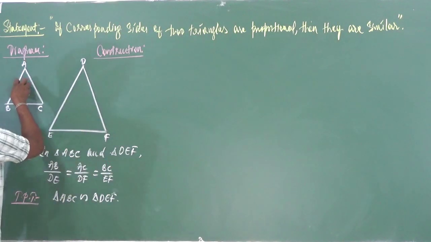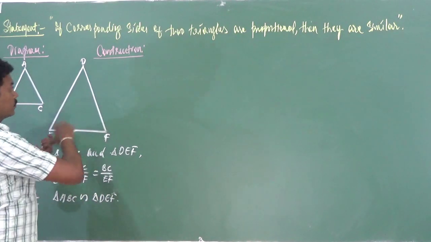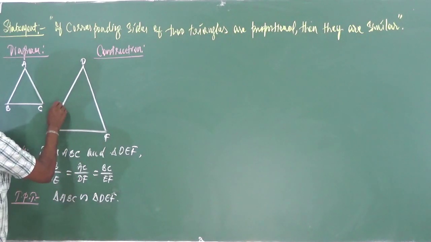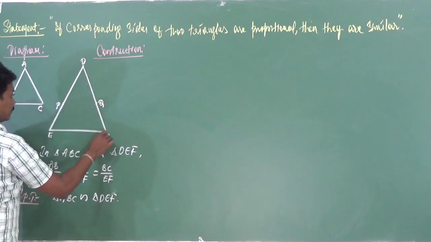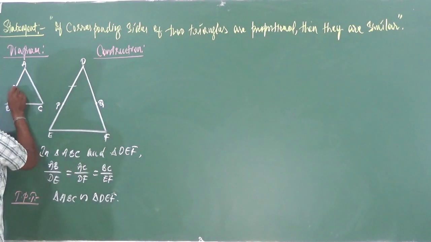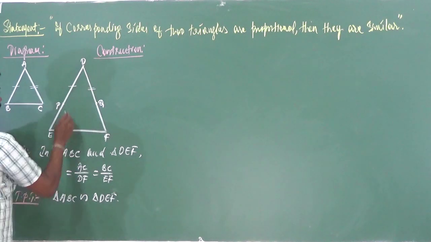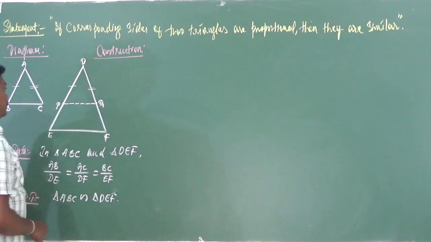So you are going to copy this triangle ABC inside triangle DEF. So for copying that, what is to be done? You know that. So mark a point P on DE and Q on DF such that DP is equal to AB and DQ is equal to AC, and you have to join PQ. You have to join this PQ, right?